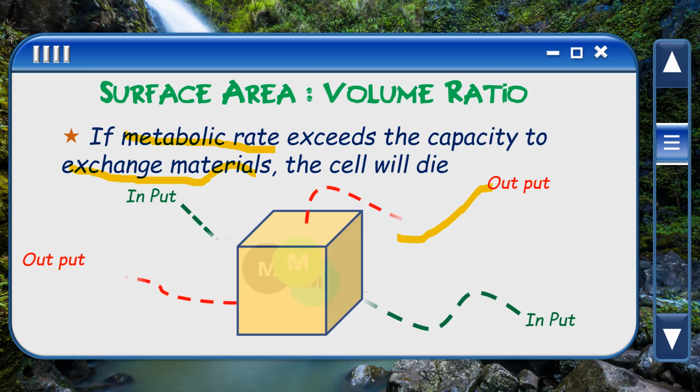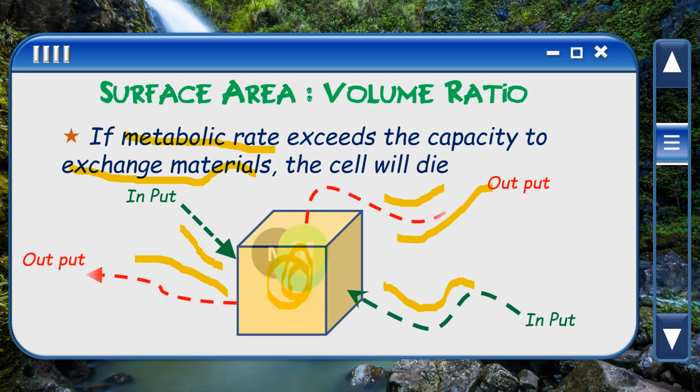But if the rate of metabolism inside is greater than the capacity of exchanging materials, putting in nutrients and removing products, then the cell is going to die.